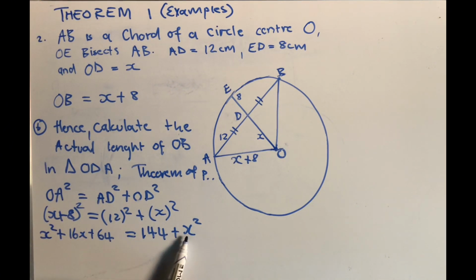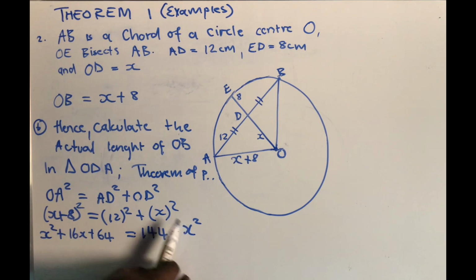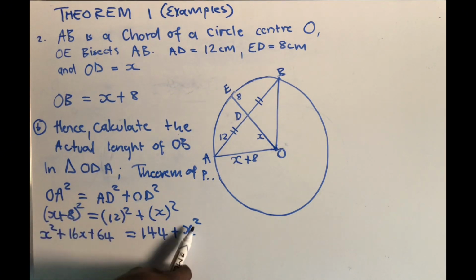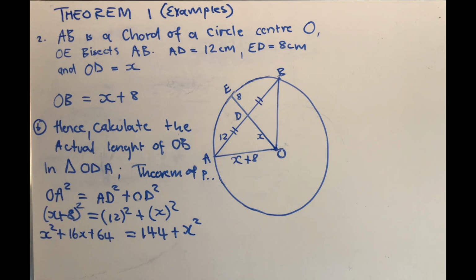When you take this x squared to this side, you see the x squared is positive this side. When it comes to this side, it will be negative. Then this one is positive. That will be x squared minus x squared. It's like 1 minus 1. You get 0. Then this one will cancel this one.